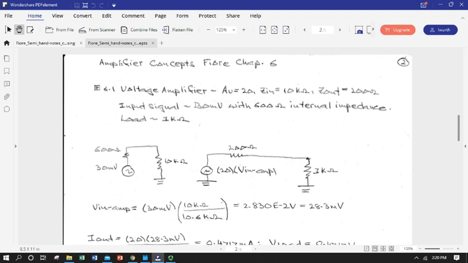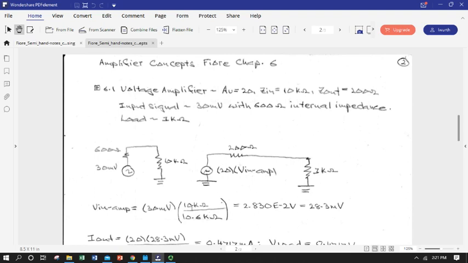And we're going to assume that that input signal of 30 millivolts is in series with a 600 ohm internal impedance. So pretty big. So here's the signal we want to amplify, and it's going to flow and drop some voltage over its 600 ohm impedance before it ever gets out of whatever's generating it. And so here's where it's going to hit our amplifier circuit. I've dropped the triangle here, the dotted triangle, for simplification. So basically the voltage at this point on the corner is what's going to correspond to V in amp.